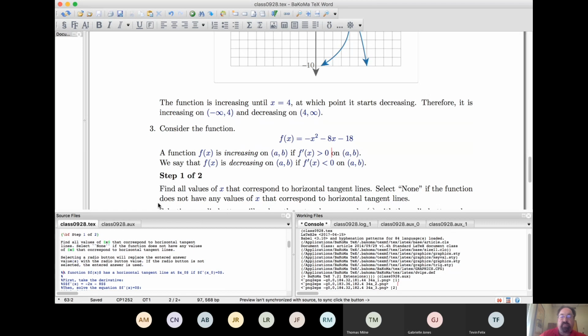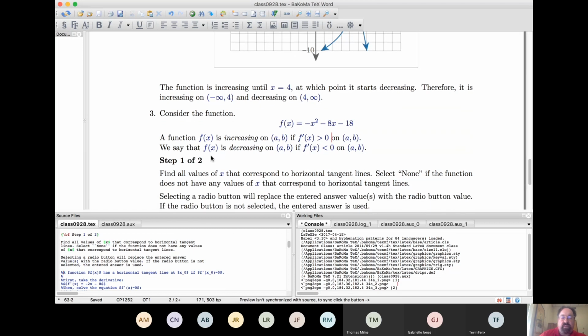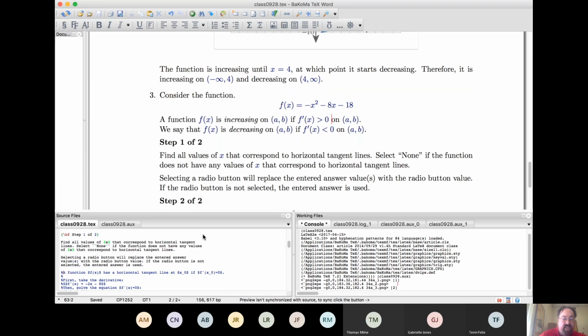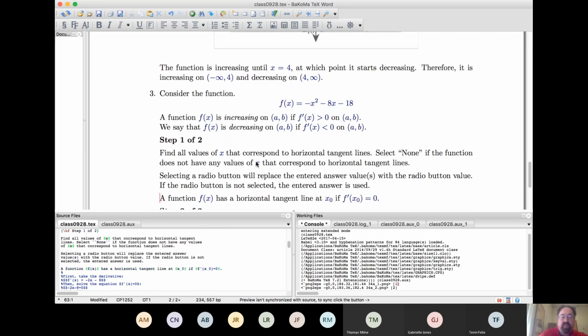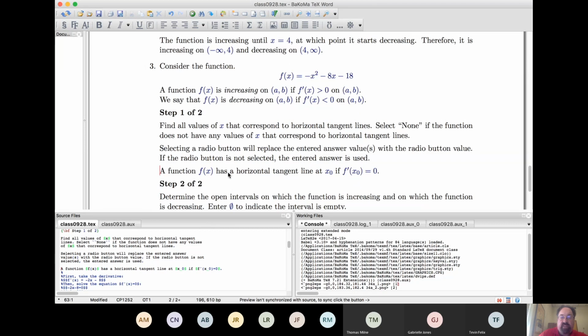Remember, the derivative is the slope of a tangent line. If the tangent line is horizontal, it has a slope of 0. So a function has a horizontal tangent line at a certain point if the derivative at that point is equal to 0. Even though it doesn't say it that way, you're trying to find all points at which the derivative is equal to 0.